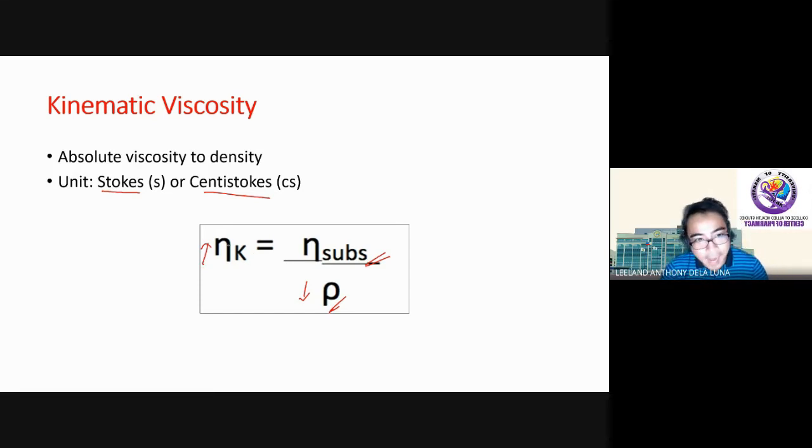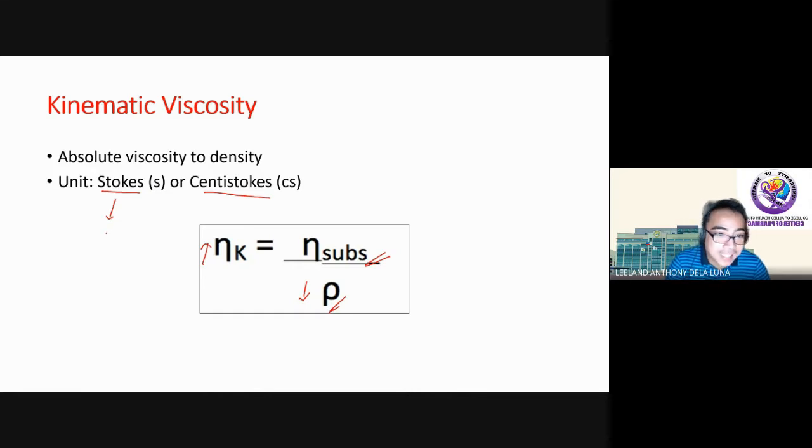So as you all know, class, Stokes is a unit for, try lang nga natin, kung naalala niyo pa. Para saan nga ba ang Stokes? Okay. Anyone? Stokes, class, ginagamit natin as a unit for? All right. Sige, nakalimutan na ata.